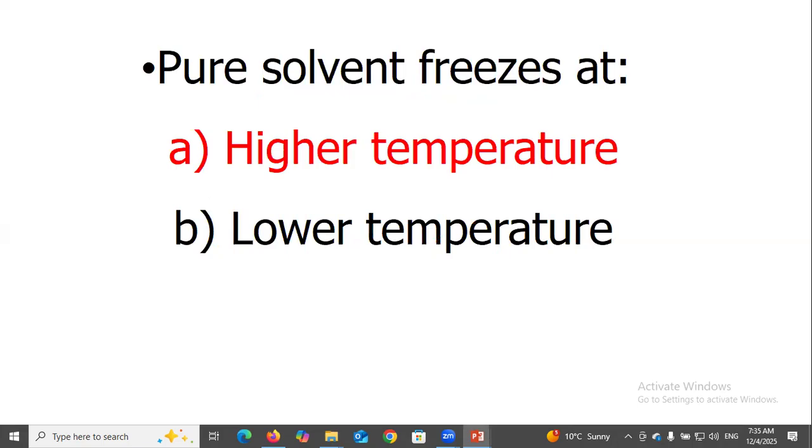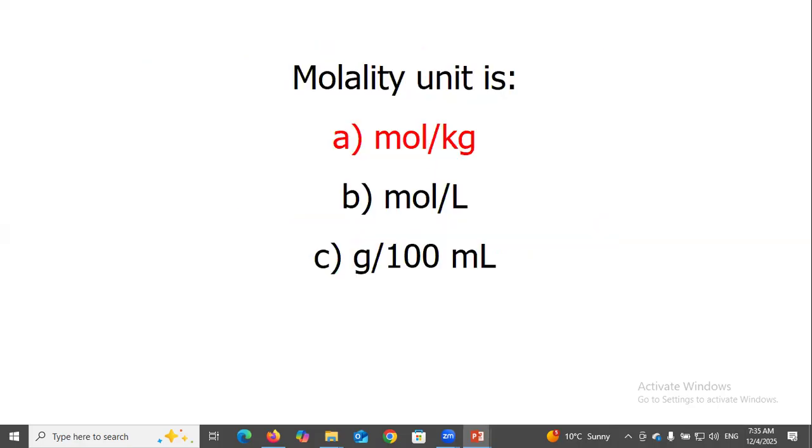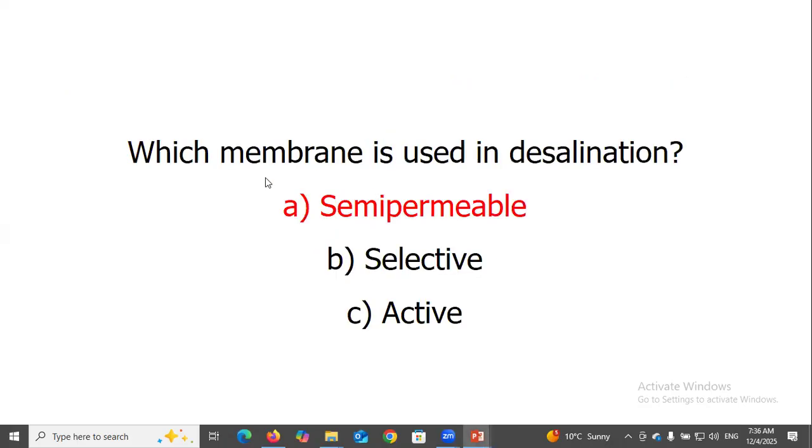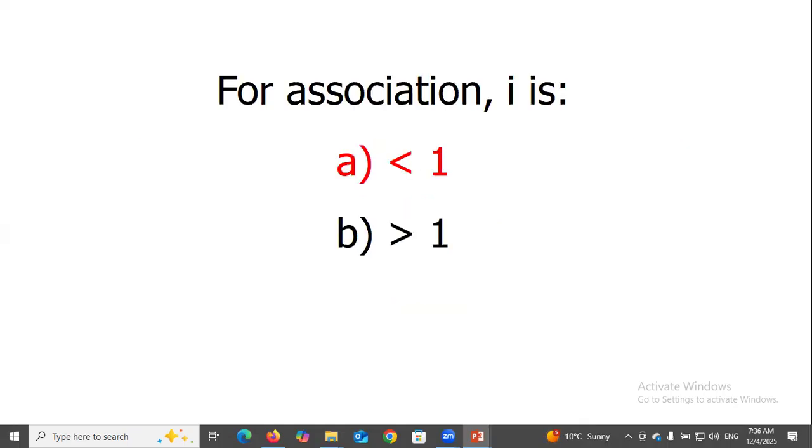Pure solvent freezes at a higher temperature. Molality unit is mole per kg. Increasing solute concentration causes vapor pressure to decrease. Which membrane is used for desalination? Semi-permeable. For association, i is less than 1.